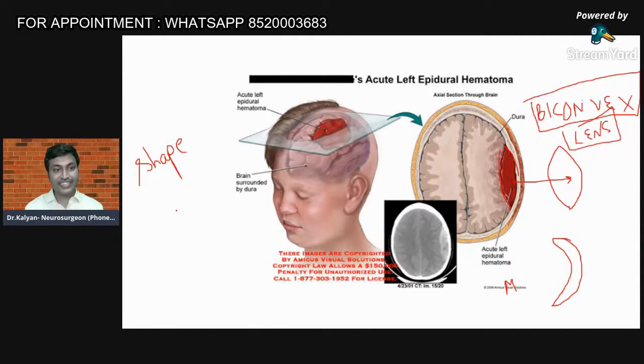Biconvex is something which is bulging on both the sides. See, anything which looks like this is biconvex. Anything which looks like a banana is concavo-convex. Something which looks like a moon is concavo-convex.